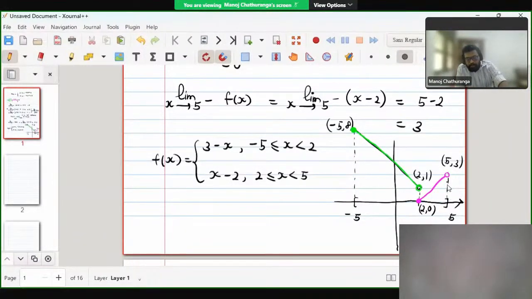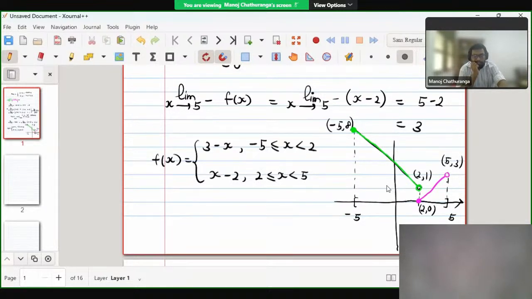And at 2, we cannot say the function is left continuous because the left limit exists, but the function is undefined. So if you redefine the function including 2, including 5, and assign 3 at 5, that would be continuous at 5.